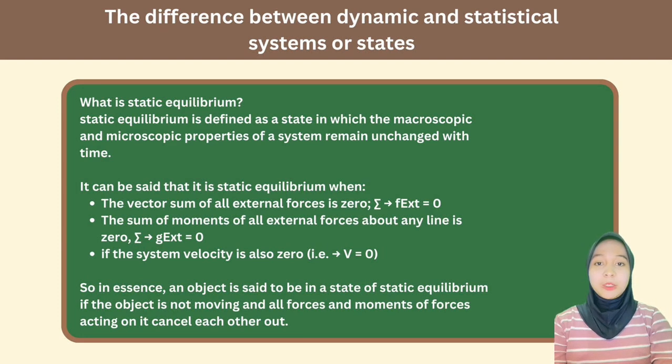The sum of moments of all external forces about any line is 0. And 3. The system velocity is also 0. So, in essence, an object is said to be in a state of static equilibrium if the object is not moving and all forces and moments of force acting on it cancel each other out.